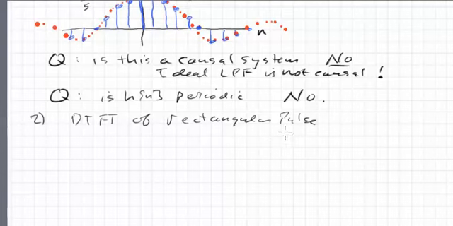We're very interested in the rectangular shape because it shows up here as a low-pass filter in the frequency domain. In the time domain, it shows up as a way to transfer information if we're using digital communications. Lots of different uses for rectangular pulses. So we're very interested in finding its discrete time Fourier transform.